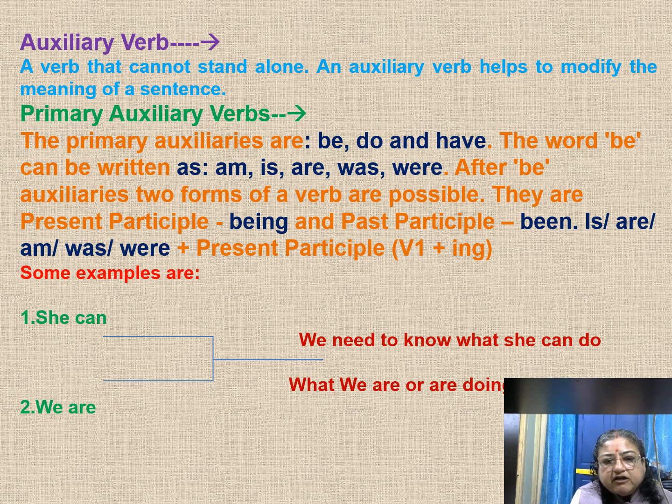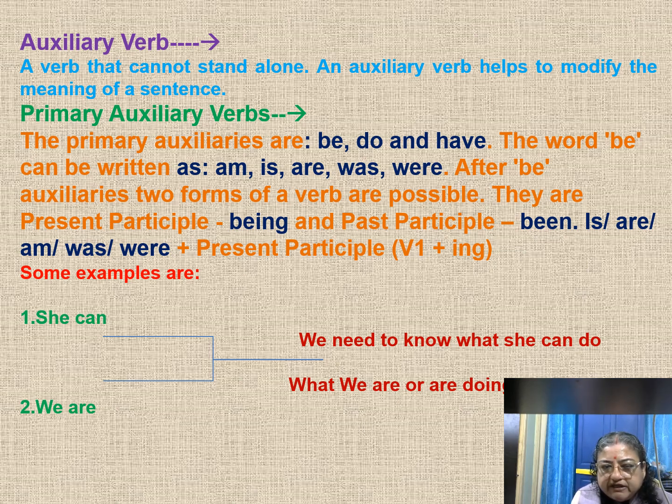So "she can," we need to know what she can do. "We are," we need to know what we are doing.